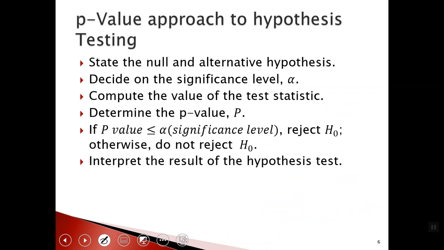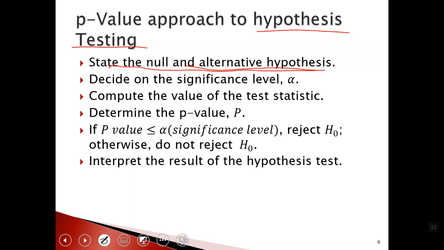So these are the prominent steps we use to fulfill our hypothesis testing. First step, same as the previous chapter: in the first place, you have to state your null hypothesis and alternative hypothesis.